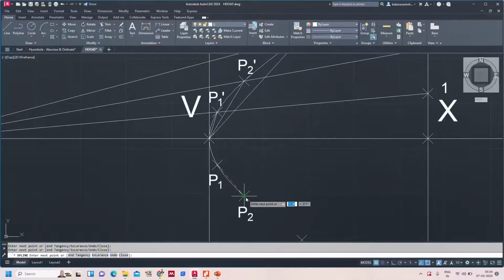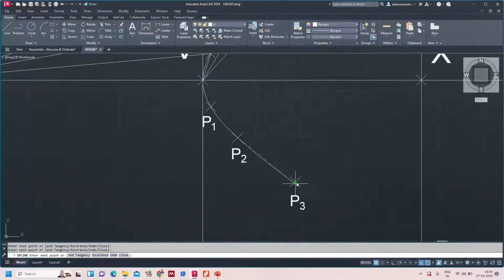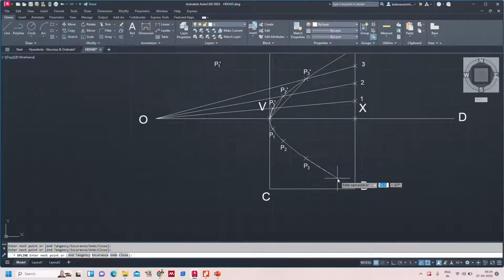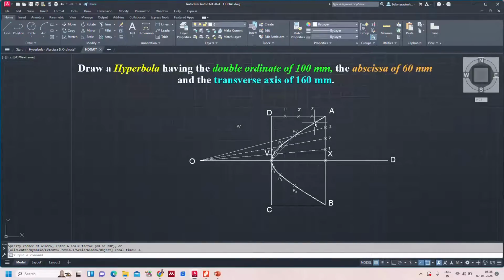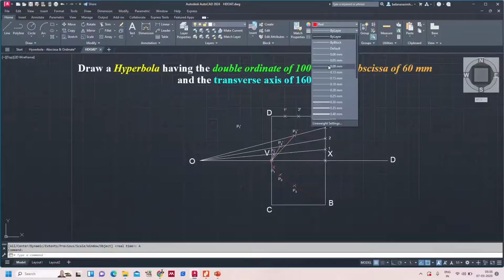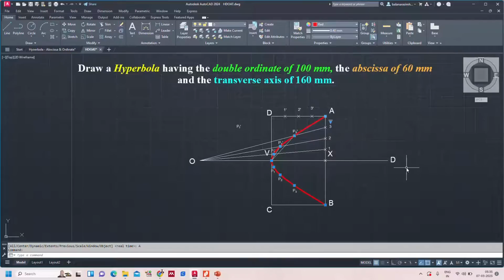This one, this, and then in the same direction press spacebar. Perfect. We successfully constructed the hyperbola using the rectangular abscissa ordinate method. Perfect. That's it.